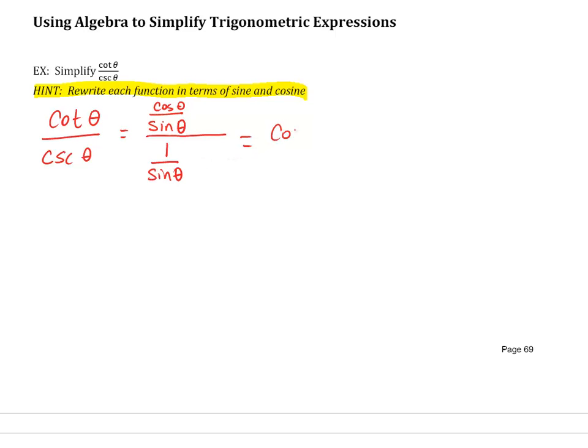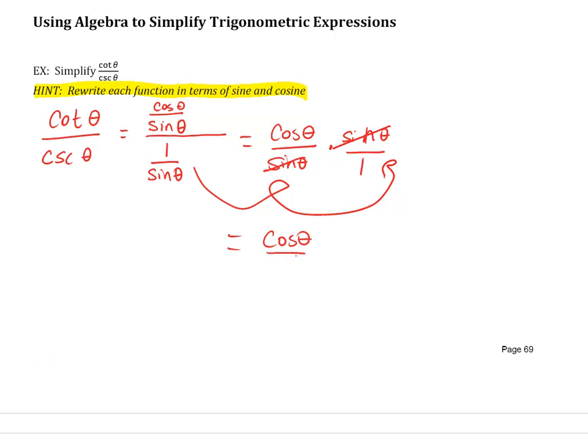So this becomes cosine of theta over sine of theta times sine of theta over 1, because I'm going to flip that bottom fraction. And now sines cancel, and you're left with cosine of theta over 1, or just cosine of theta.